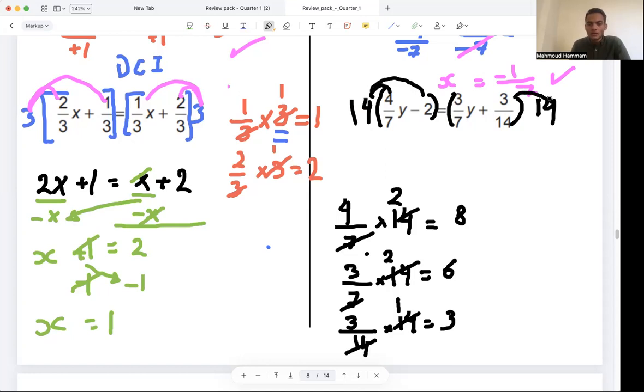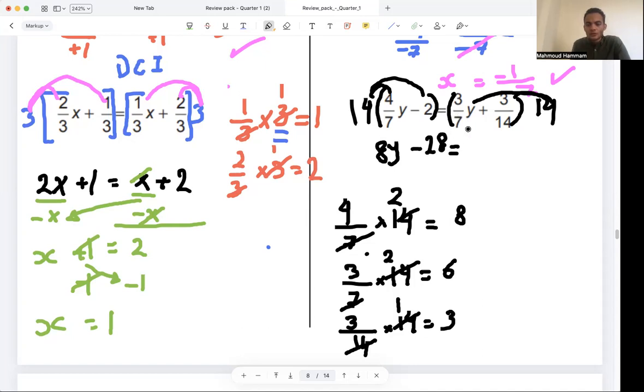D C I. So 14 times 4 over 7, we have just said is 8. So 8y minus 14 times 2, Sultan. What is 14 times 2? 14 times 2 is 28. Very good.